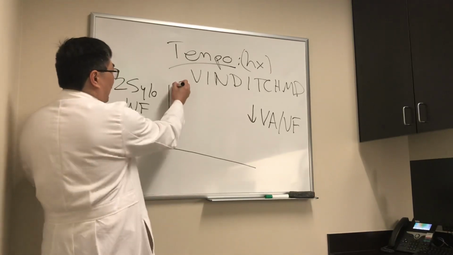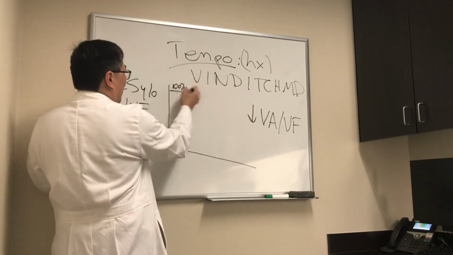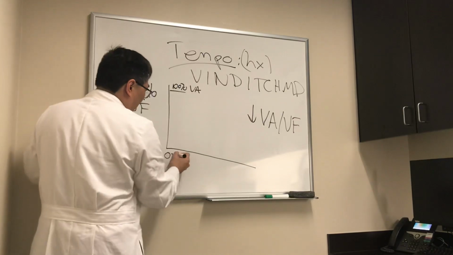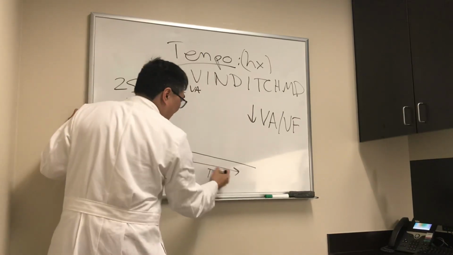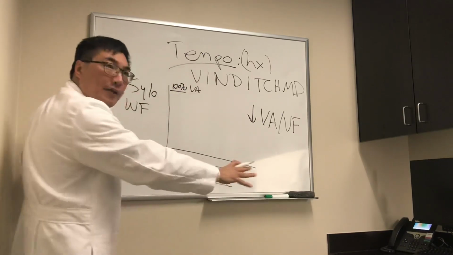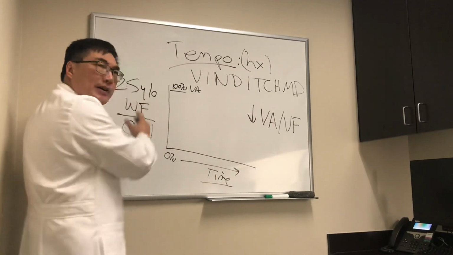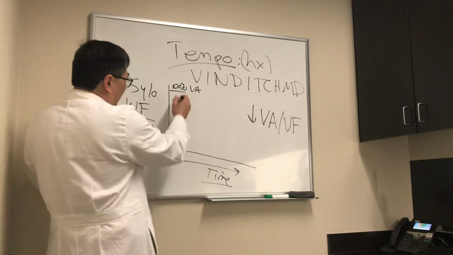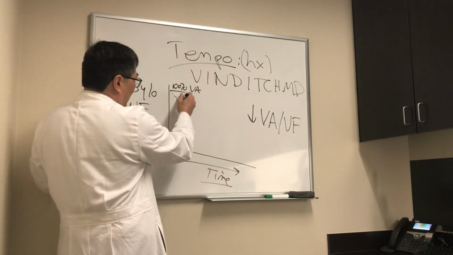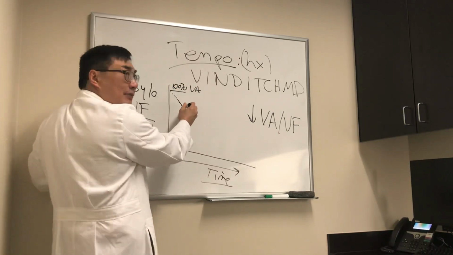So in this 25-year-old female, if we have 100% of our vision here, and 0% of our vision here, and time, the tempo of that vision loss. Normally patients who have optic neuritis, in this case the 25-year-old female, will have degradation of their vision over time. It's usually subacute.